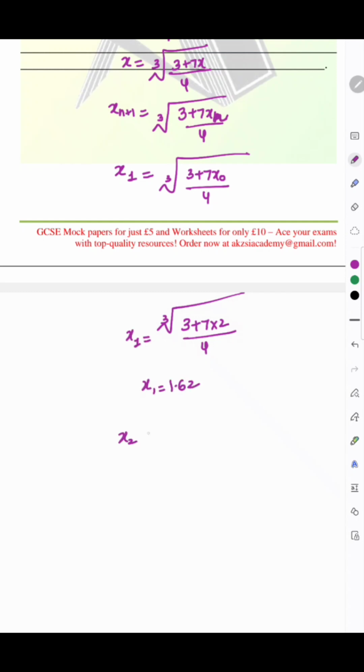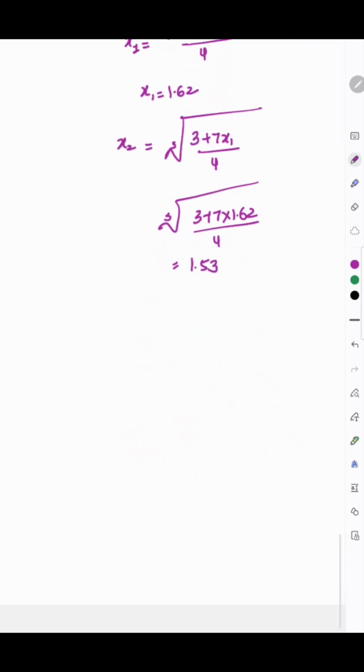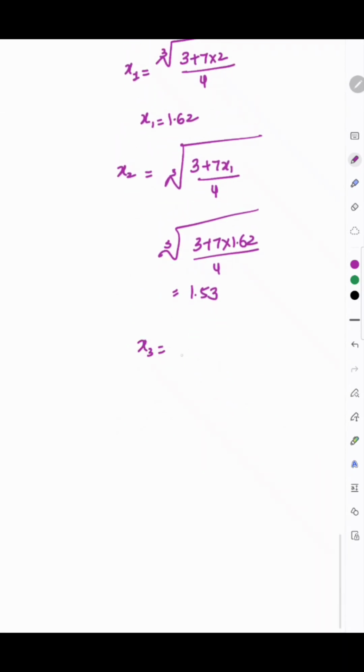Now for x2, this will become x1. So the cube root of 3 plus 7 x1 over 4, and x1 we just calculated as 1.62. So the cube root of 3 plus 7 times 1.62 over 4 will give me 1.53. Now for x3, the cube root of 3 plus 7 x2.